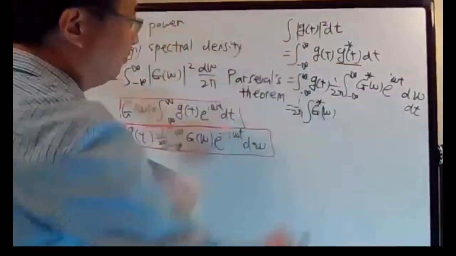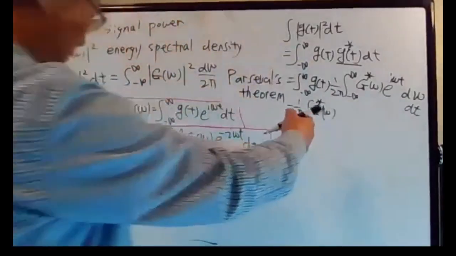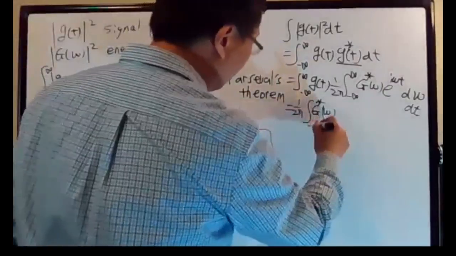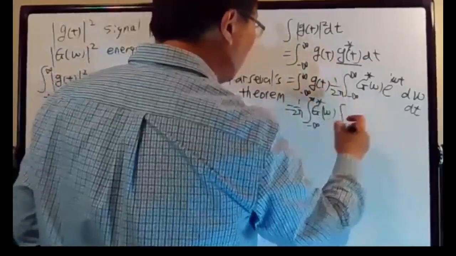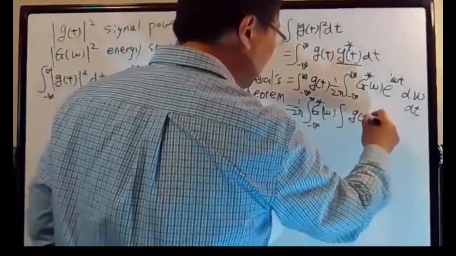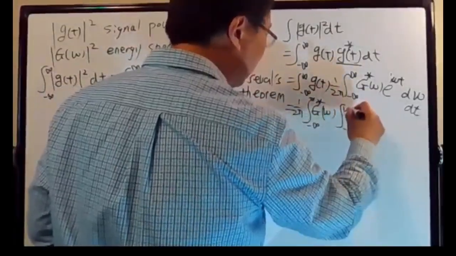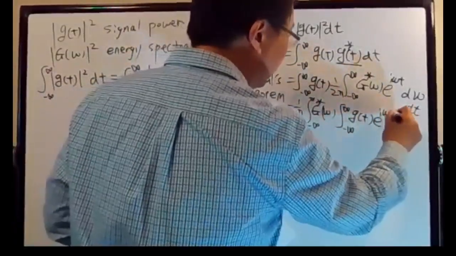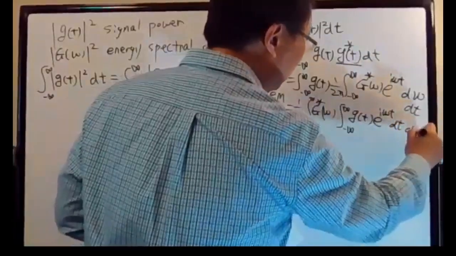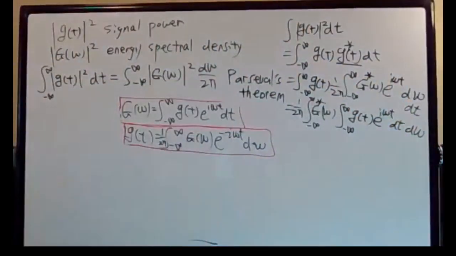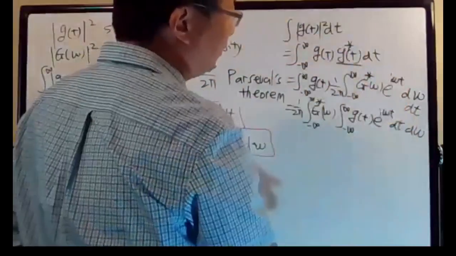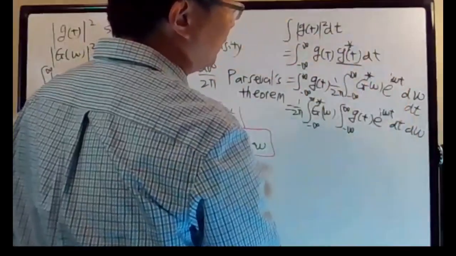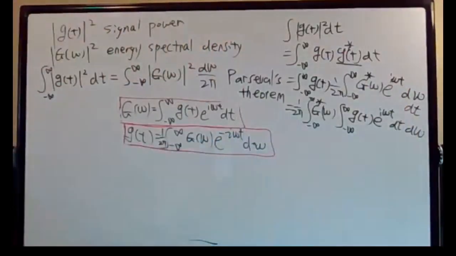And then we integrate over t first, from negative infinity to infinity of g(t) exponential i omega t, dt, d omega. So I switch the integral order.